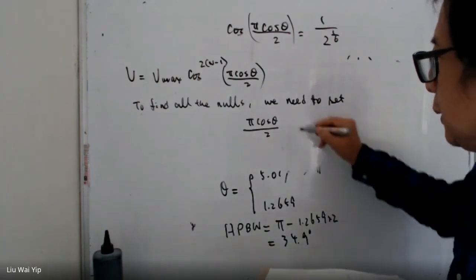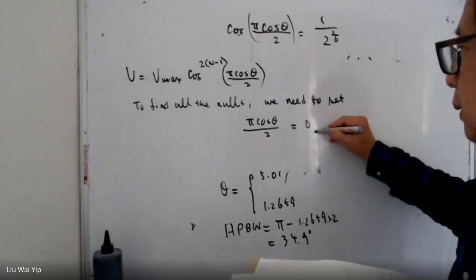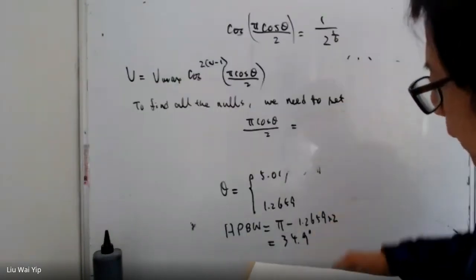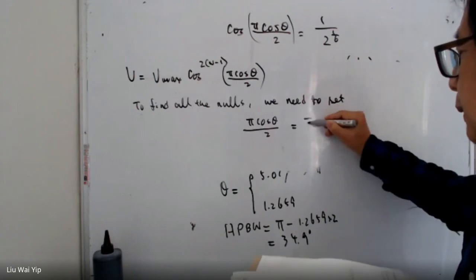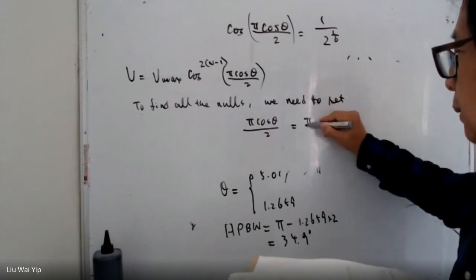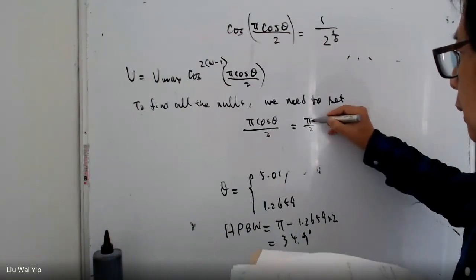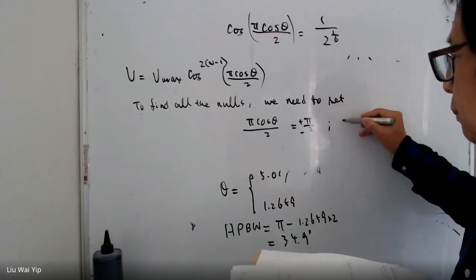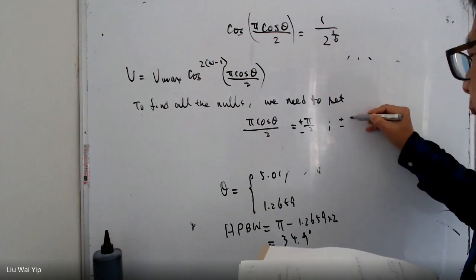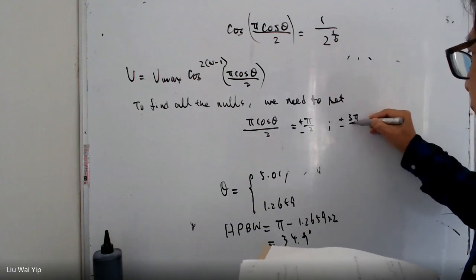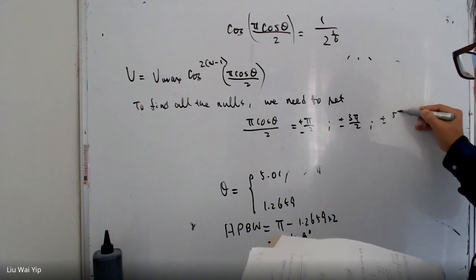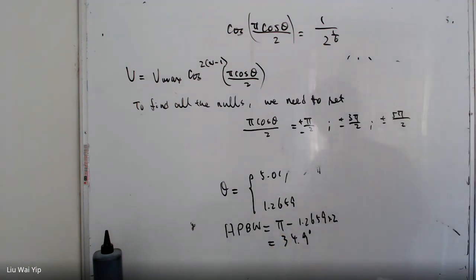It should be equal to pi divided by 2. Remember, it can be plus or minus. And the next one is going to be 3 pi divided by 2, and the next one, 5 pi divided by 2. So we have to explore all the possibilities.